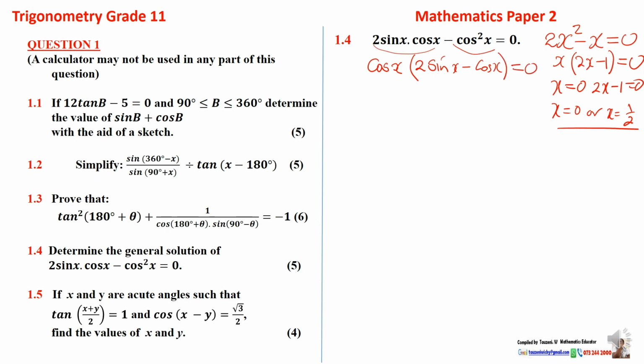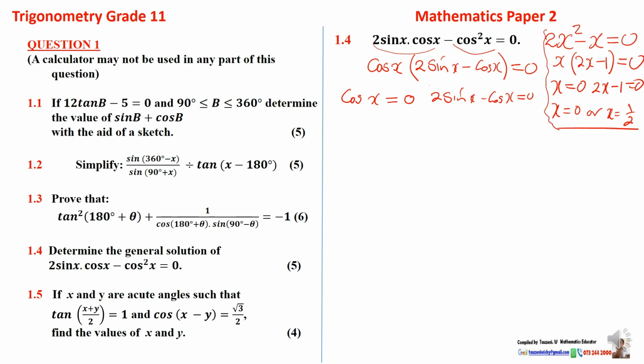Then from there, we equate each factor to 0. That means cos x equals to 0 to form its own equation. Then 2 times the sine of x minus cos x equals to 0 to form another equation. Then we solve the separate equations.